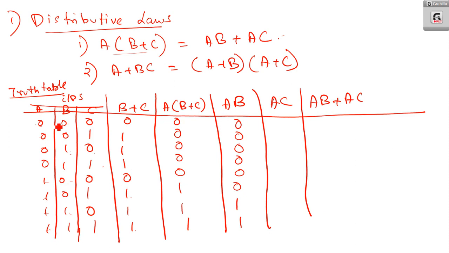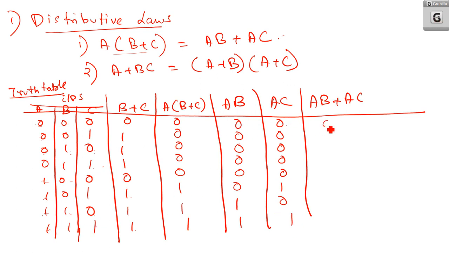That is AB. Now come to AC: 0 and 0 is 0, 0 and 1 is 0, 0 and 0 is 0, 0 and 1 is 0, 1 and 0 is 0, 1 and 1 is 1, 1 and 0 is 0, 1 and 1 is 1.